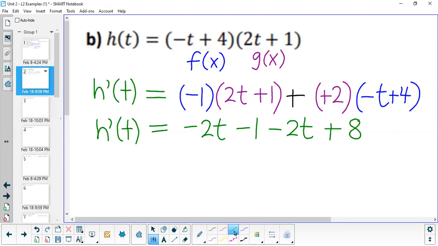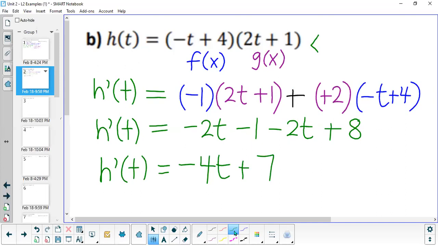And now when I collect like terms, I get an equation that looks like this, negative 4t plus 7. This makes sense because if I were to actually FOIL the product rule, this would be a quadratic function, and the derivative of a quadratic function is always a linear function.